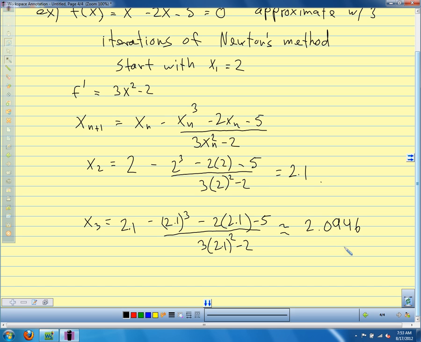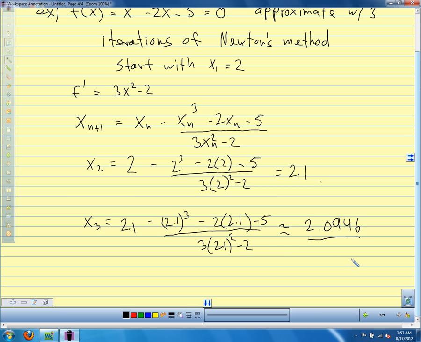Where it gets tedious is calculating these things, because you end up plugging long decimals into your expression. Yes, the problem asks for 3. I didn't do the third one. The third one is the same, and you end up with a number that's almost exactly the same.